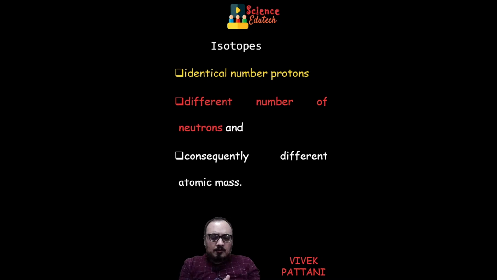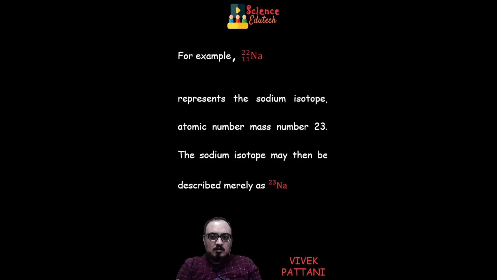The number of stable isotopes that an element possesses varies widely. For example, in the case of calcium there are about 6, and in the case of carbon there are about 3 isotopes.